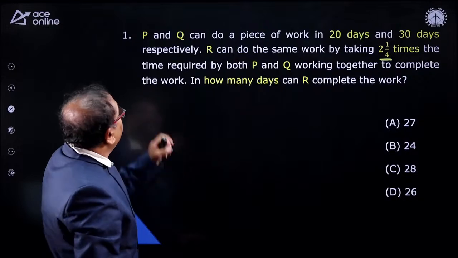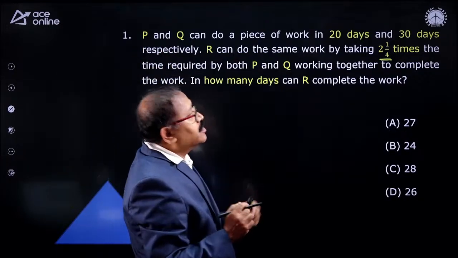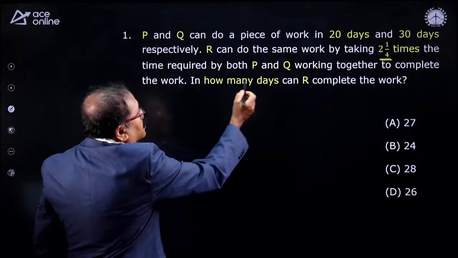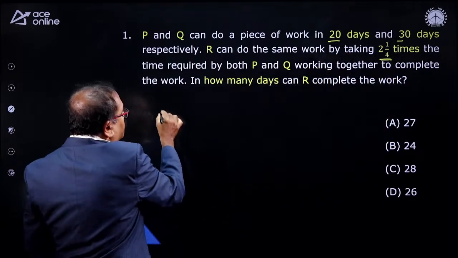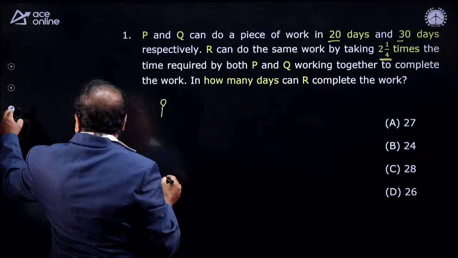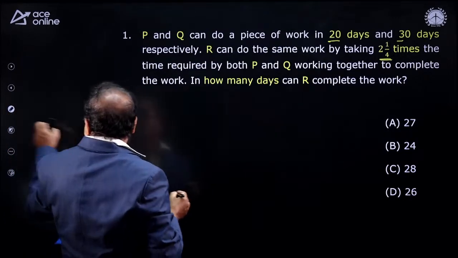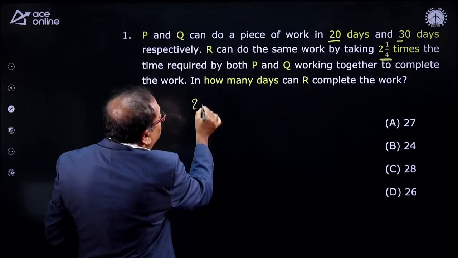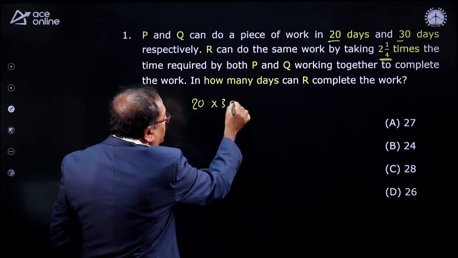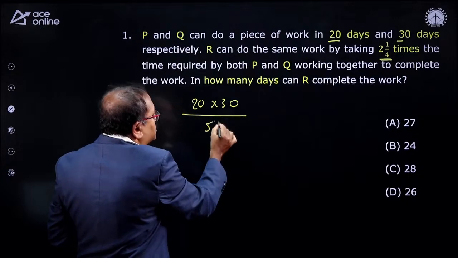P and Q together can complete the work in how many days? That is 20 days and 30 days. So P plus Q is 20 into 30 by 20 plus 30, which is 50.